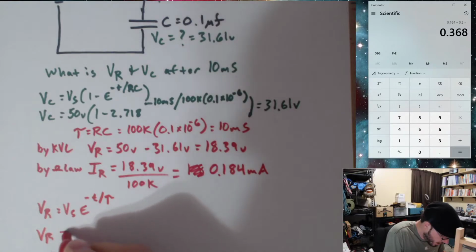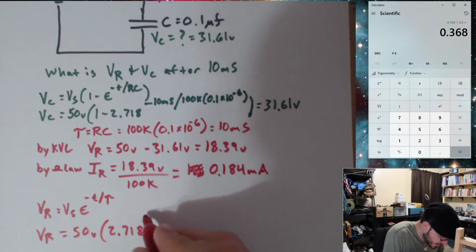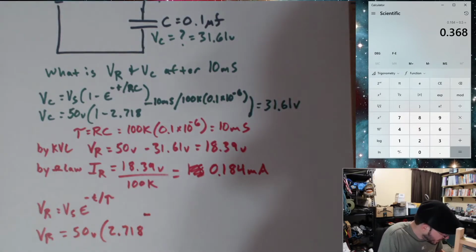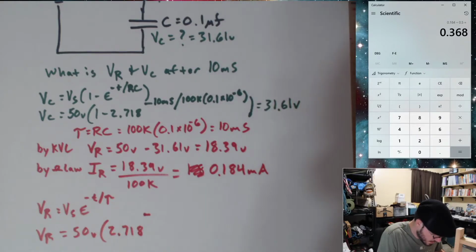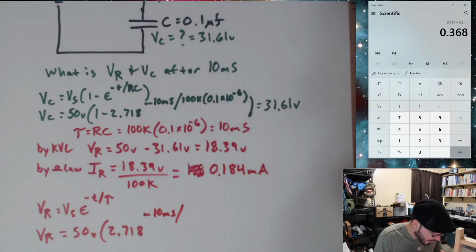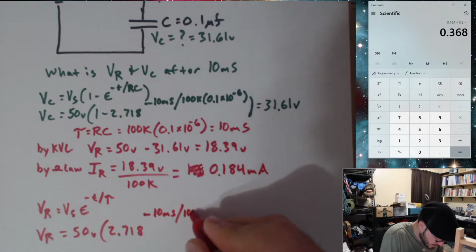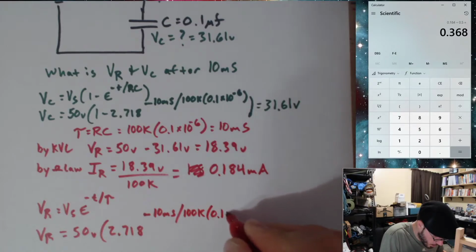So we're going to get V sub R equals 50 volts times 2.718 raised to the minus, well, we wanted 10 milliseconds, divided by our time constant, 100K times 0.1 times 10 to the minus 6.